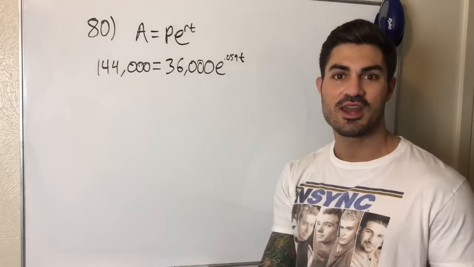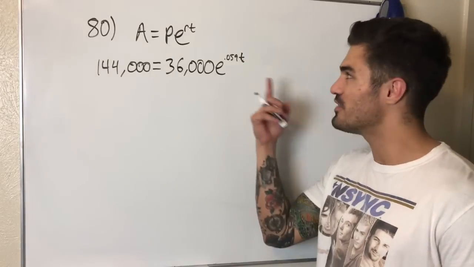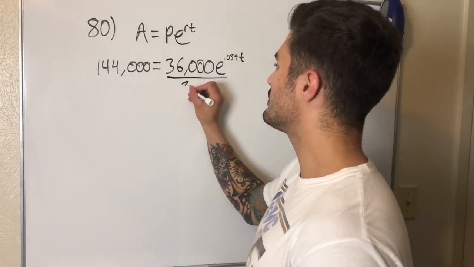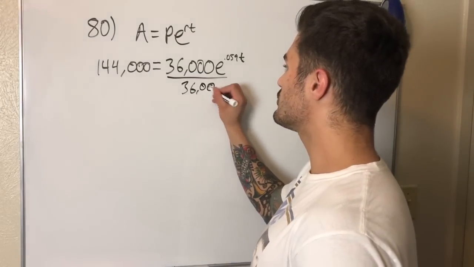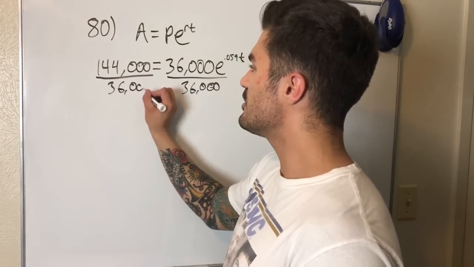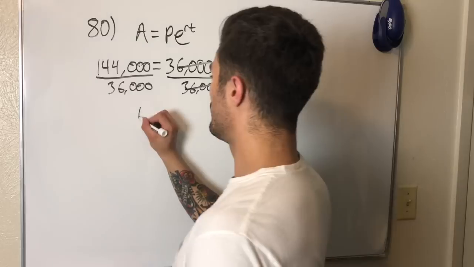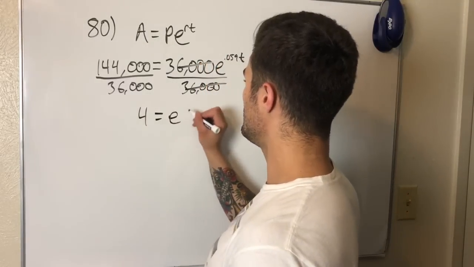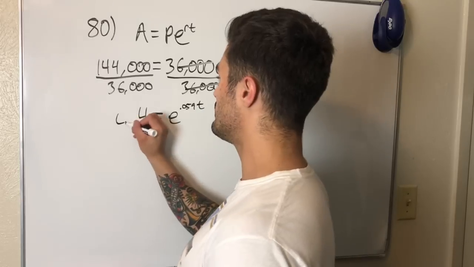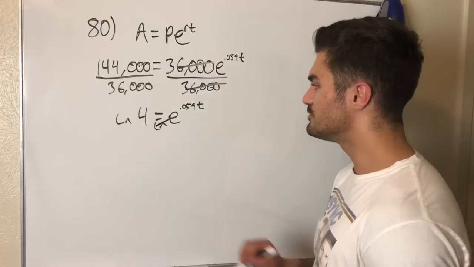We're going to use a natural log, right? Hopefully that's clear. We have an e, we have a variable in the exponent. We're going to end up taking the ln of both sides, but first we need to get rid of this 36,000. And actually what's cool is we know that this 144,000 is quadruple this. So we already know that this is 4, right? These cancel, that's 4. 4 equals e to the 0.059t. Now we ln both sides. ln, that cancels with the e.